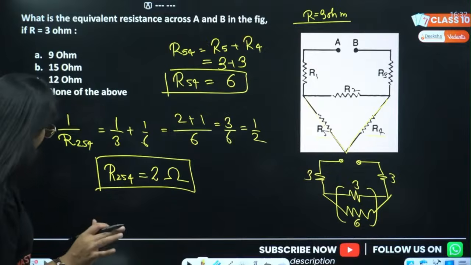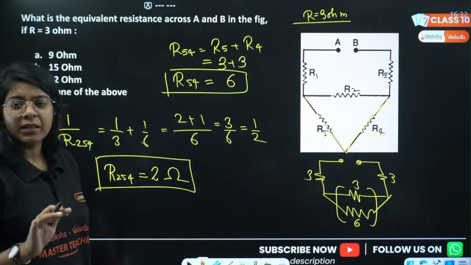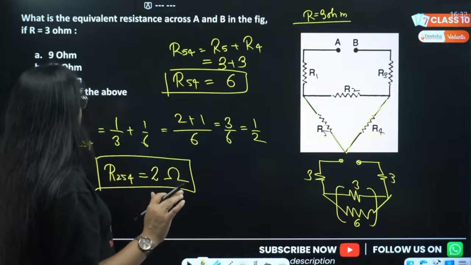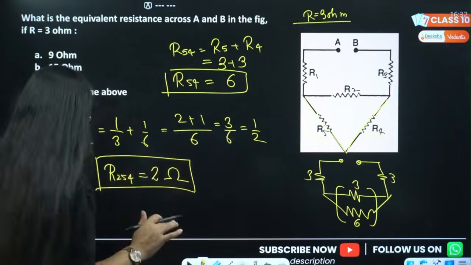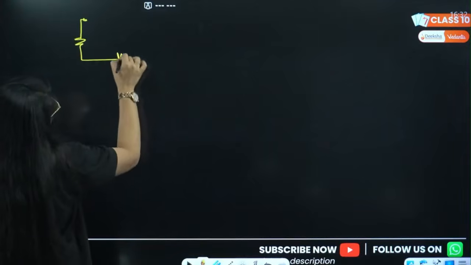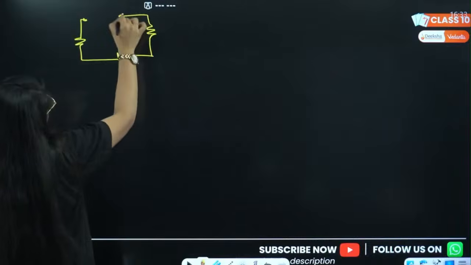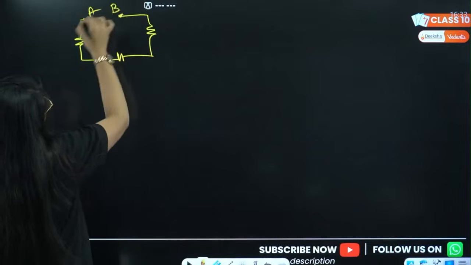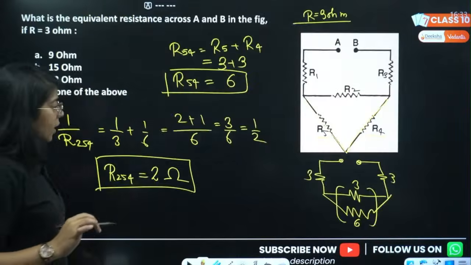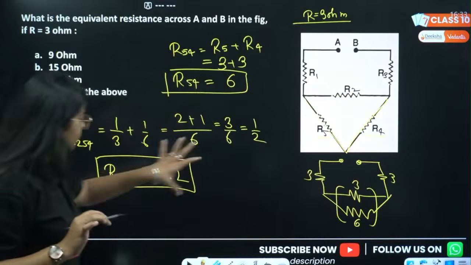Okay. Then the next part is we have to make this circuit again. This one is 3 ohm, this is the only resistance left now, and the other came as 2 ohm. Their equivalent resistance came to be 2 ohm.